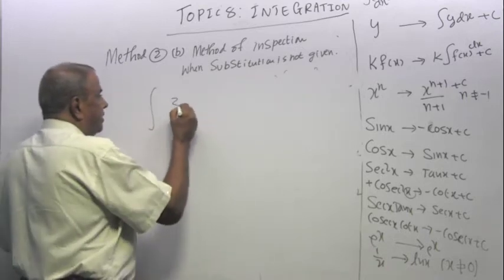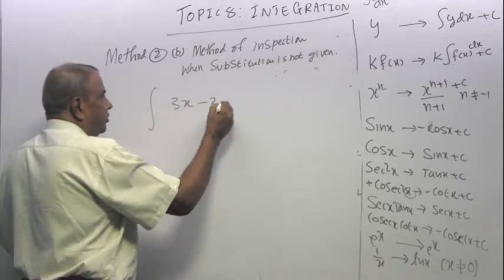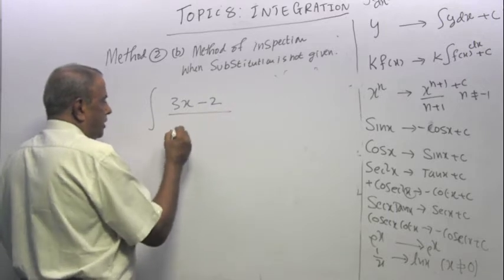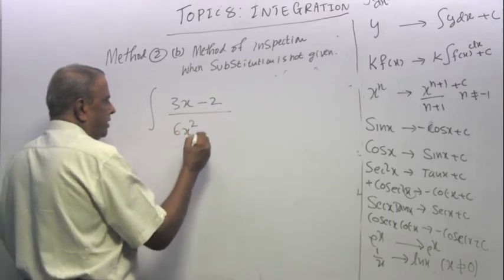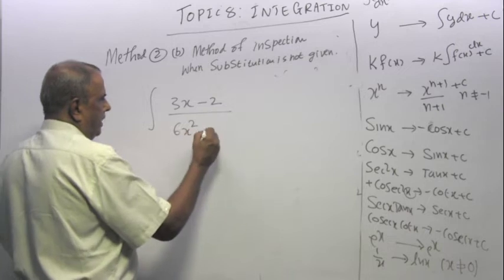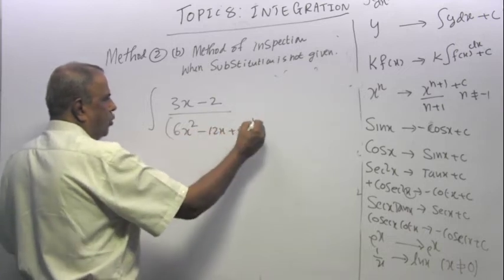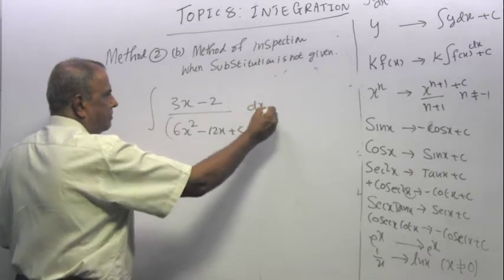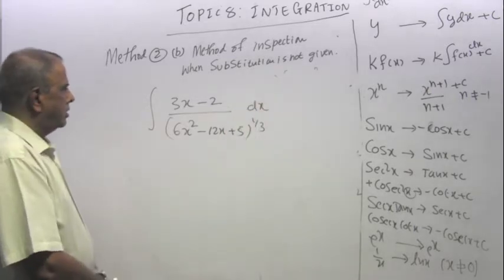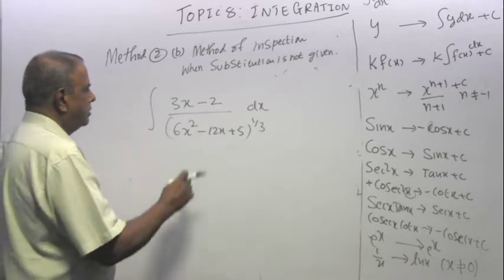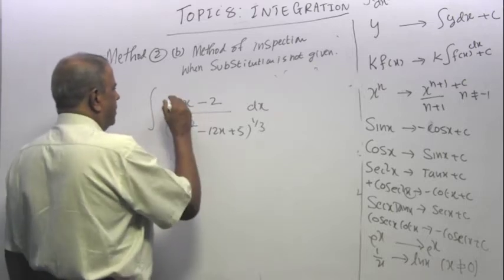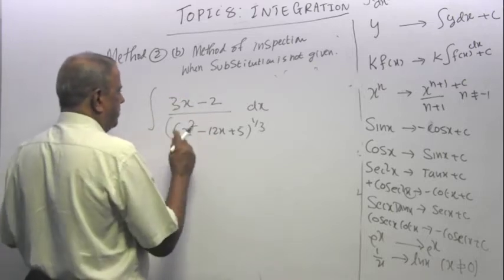Integral of 3x minus 2 over 6x squared minus 12x plus 5 power 1/3. No. 3x minus 2.